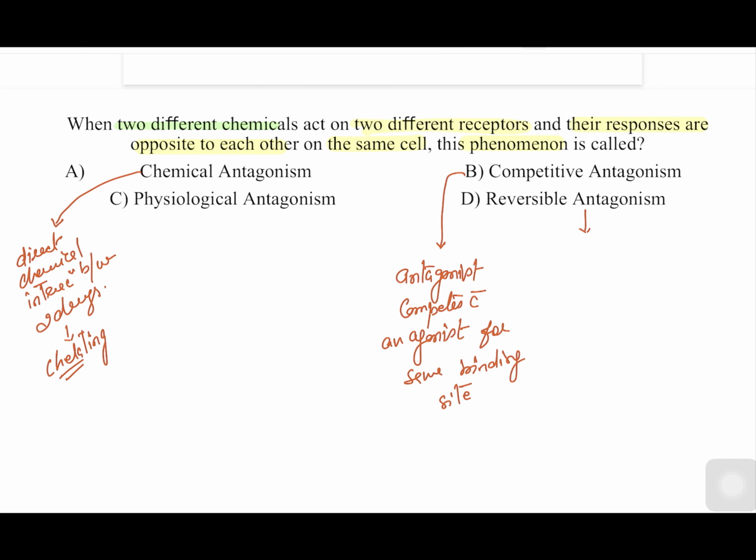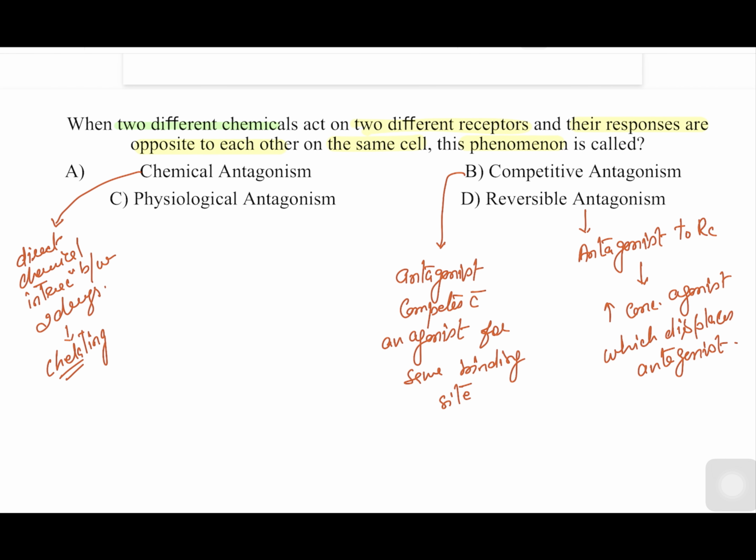Reversible antagonism means whenever we have an antagonist binding to the receptor, and if we increase the concentration of agonist, it leads to displacement of the antagonist. That is called reversible antagonism. Means right now my receptor is blocked. If I increase the concentration, the antagonist will be displaced from the receptor and now the agonist can bind. That is reversible antagonism.